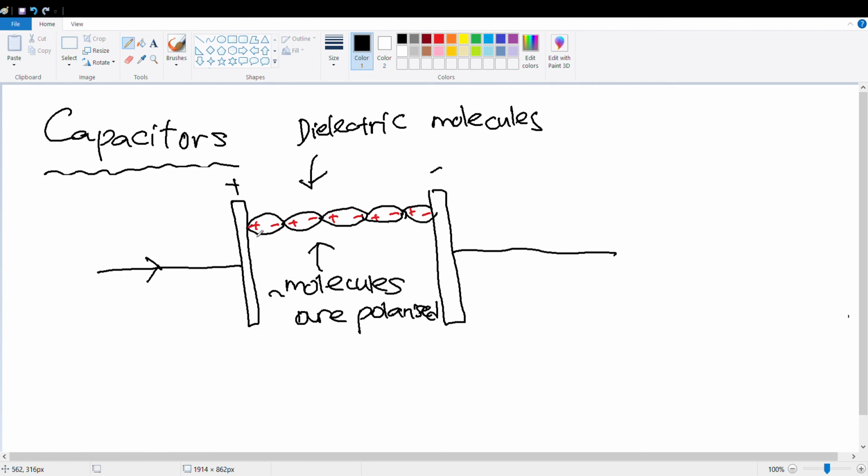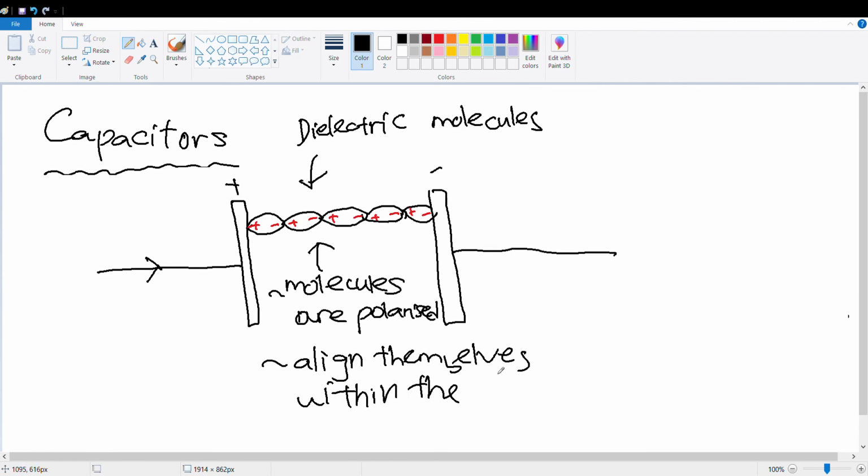So the polarized molecules will align themselves between the two plates.